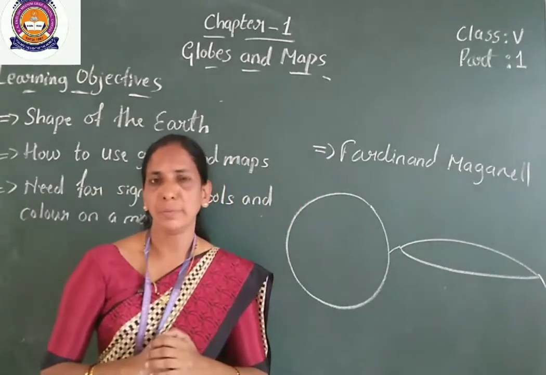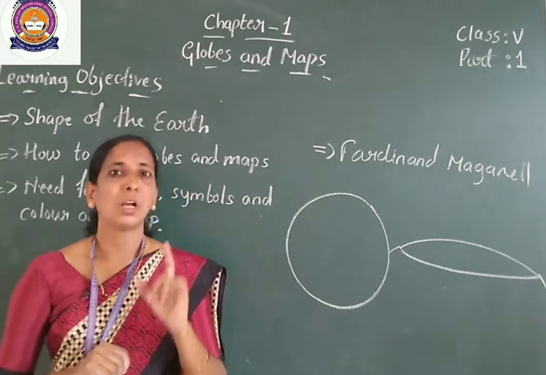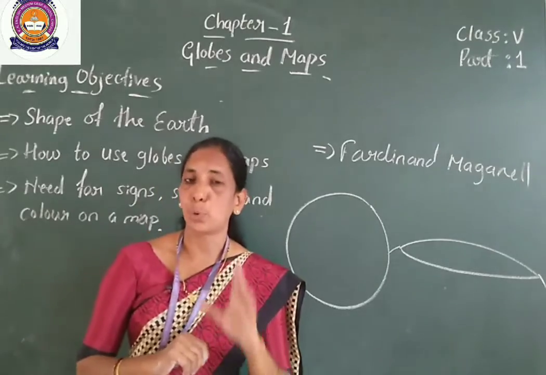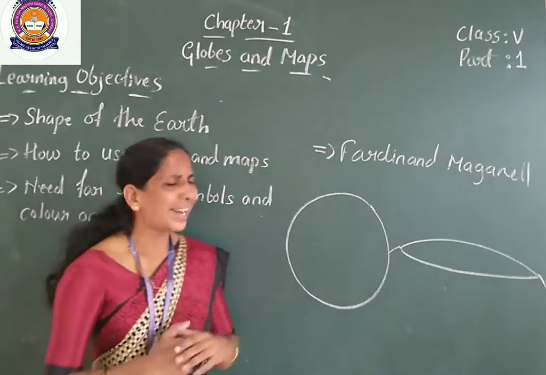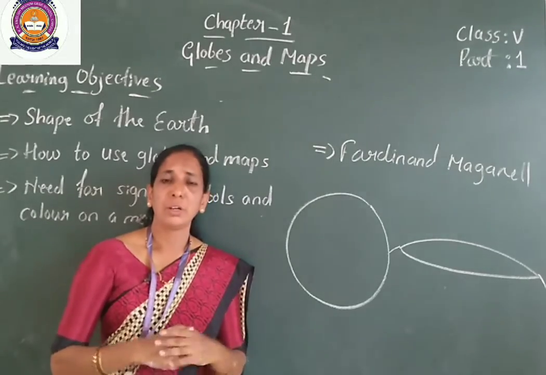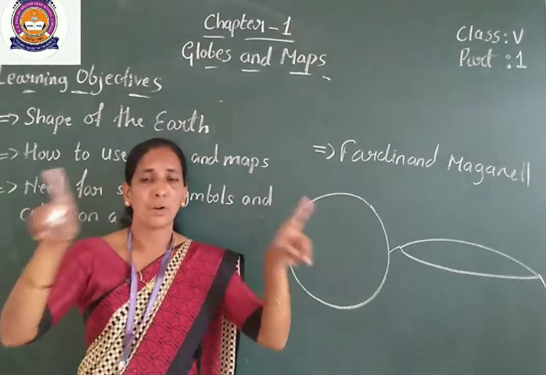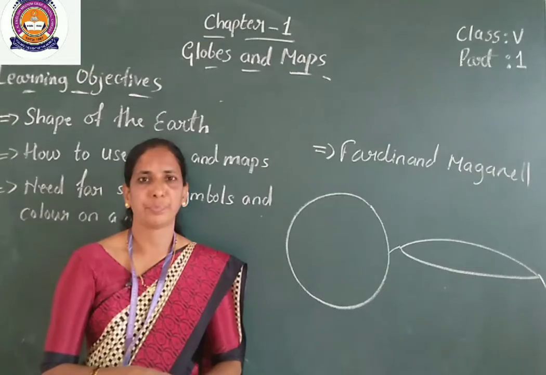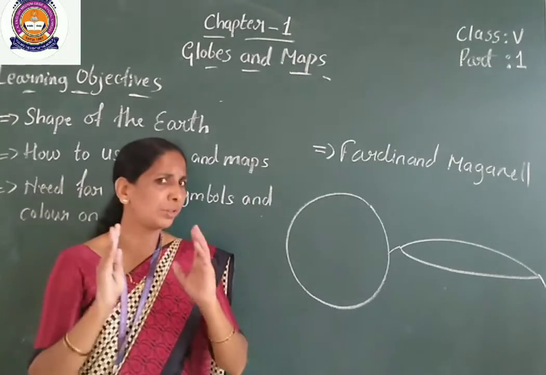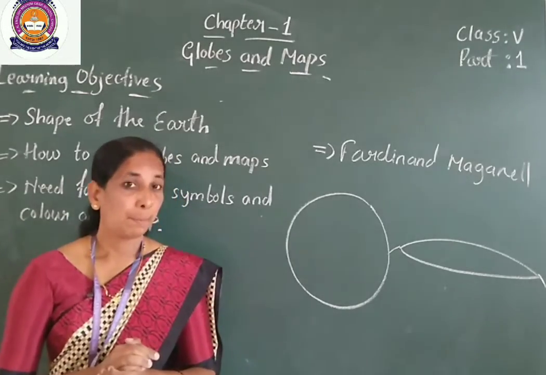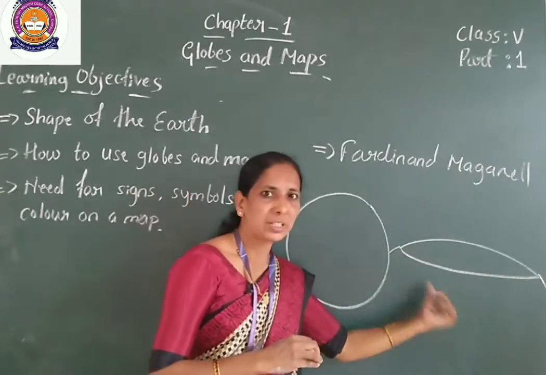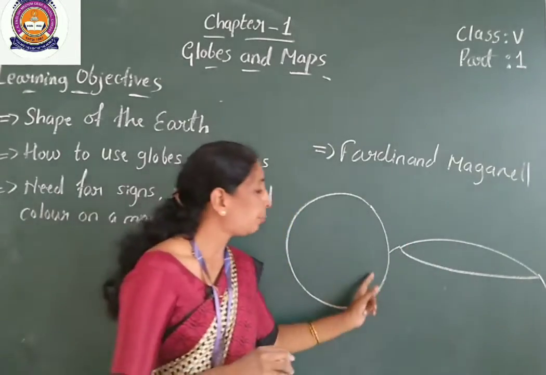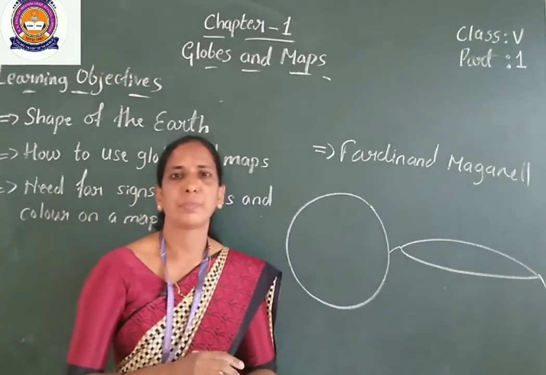Ferdinand Magellan was a Portuguese explorer. He found out the earth is round in shape. Before this discovery, people believed the earth is flat in shape with steep edges.